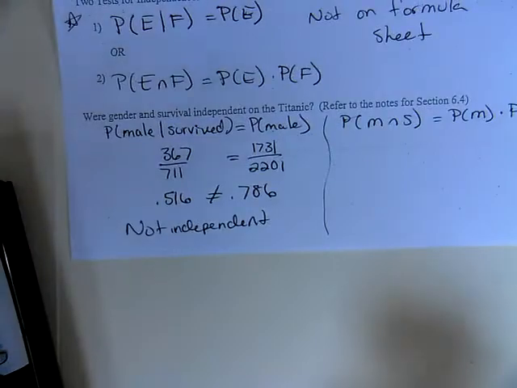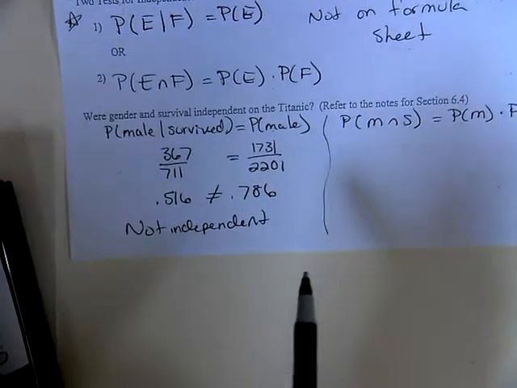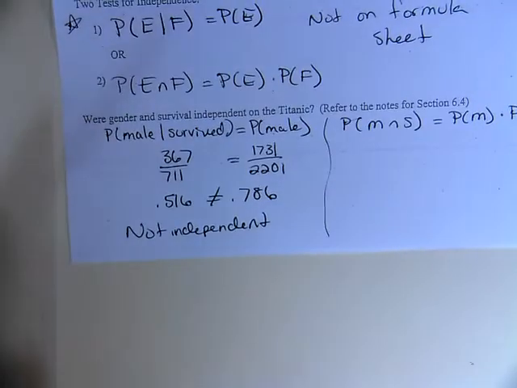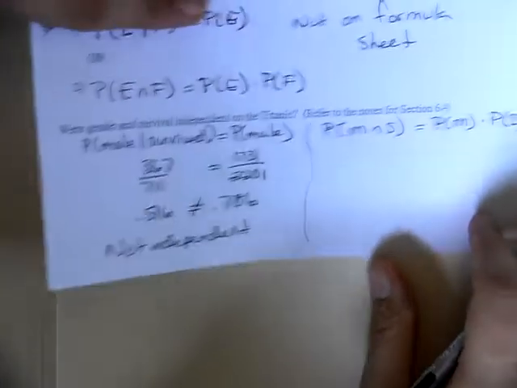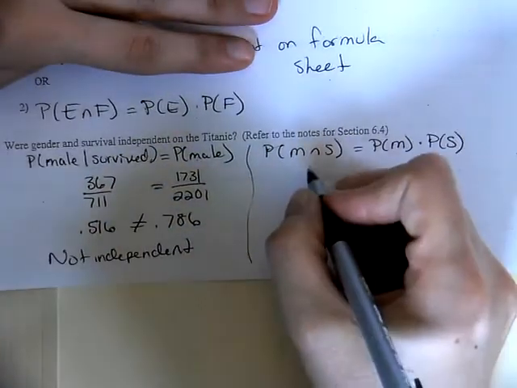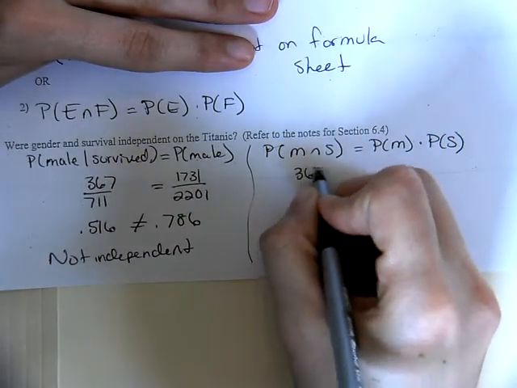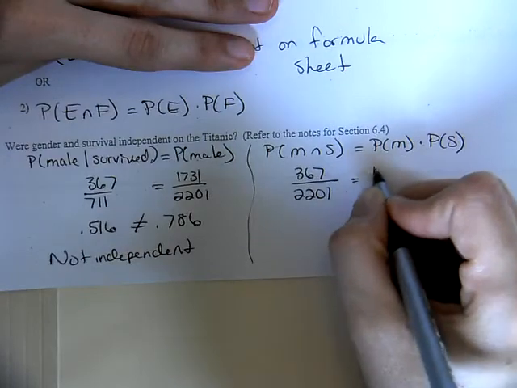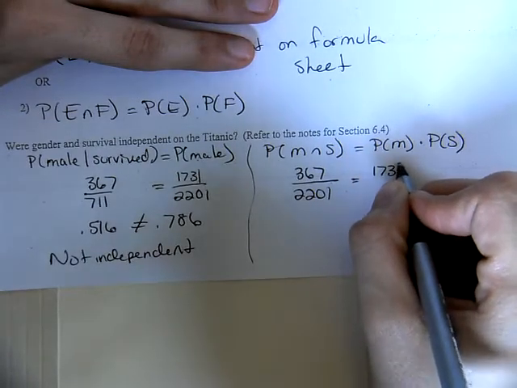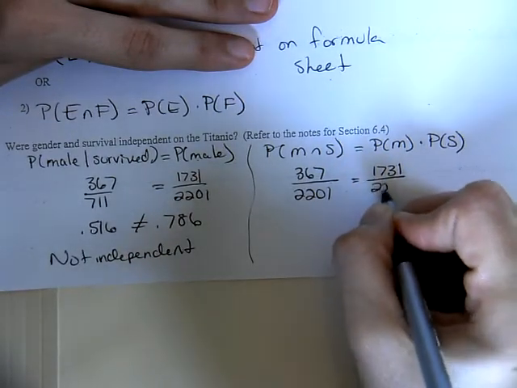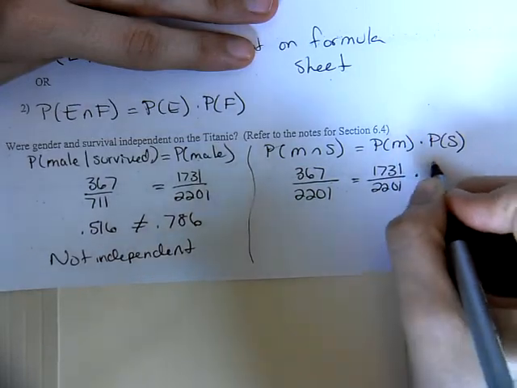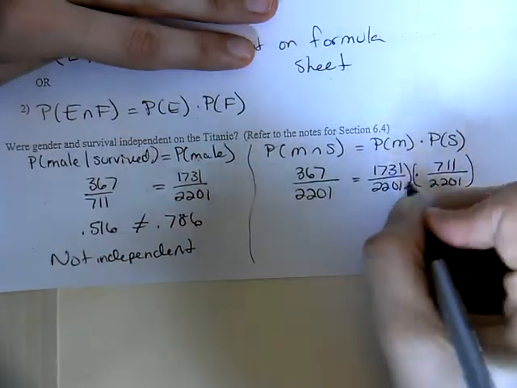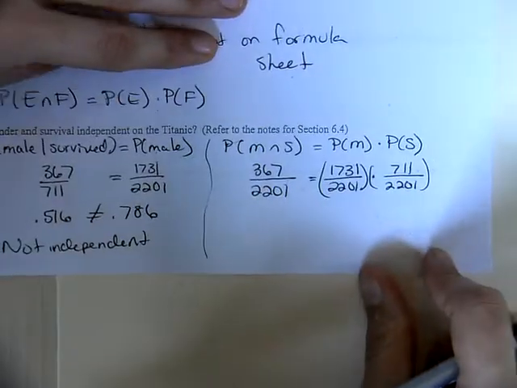Now, when I do the second one, I'm going to get different decimals, but they should still give me the same conclusion. So male and survived, there was 367 males that survived out of 2,201. Again, there were 1,731, and there were 711 survivors. So this one takes a little bit more calculator work.